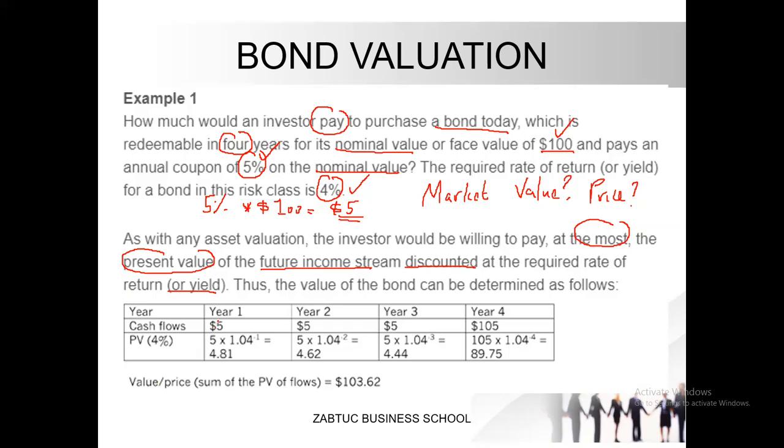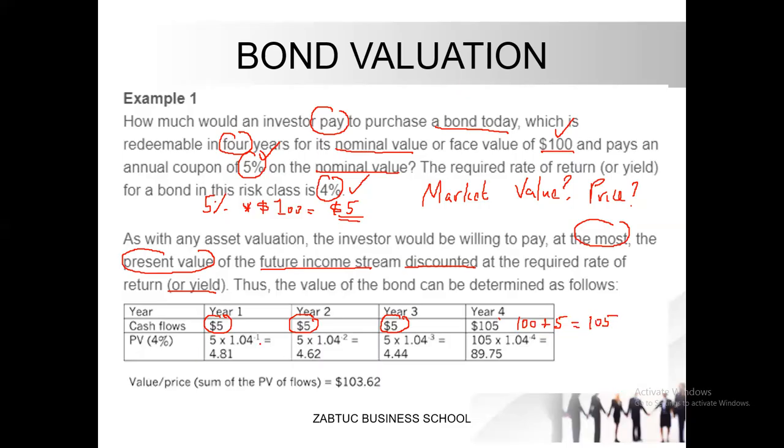This is the benefit that you are buying for the next 4 years. And in the final year, we give you your 100 plus the interest of 5. That is why we are saying it will be 105.